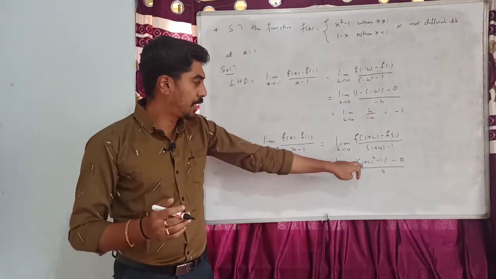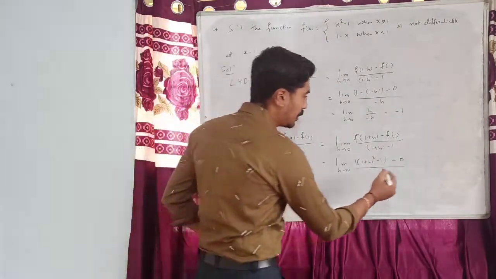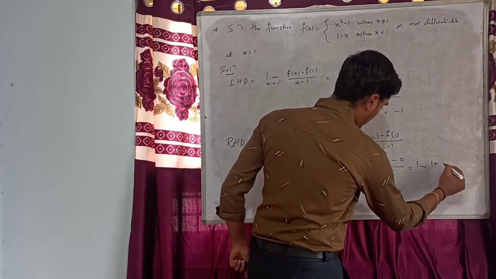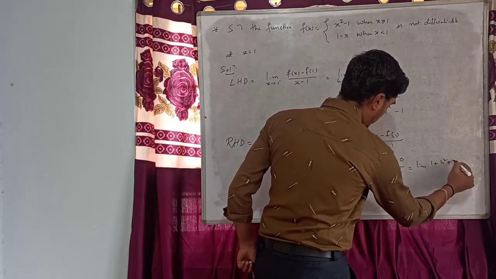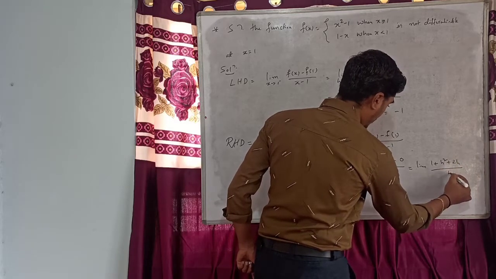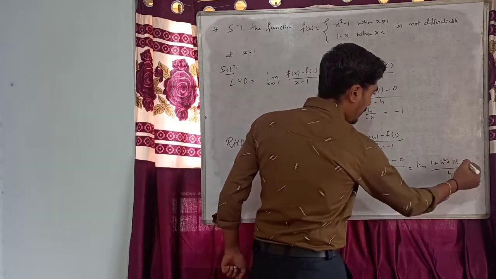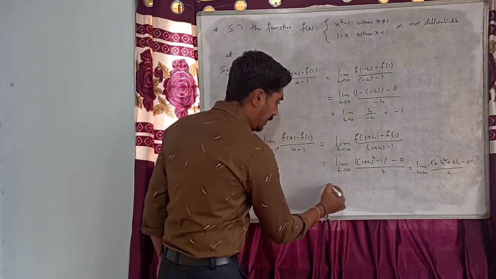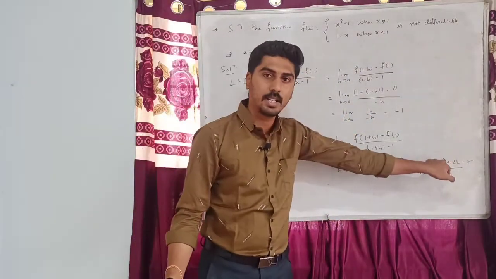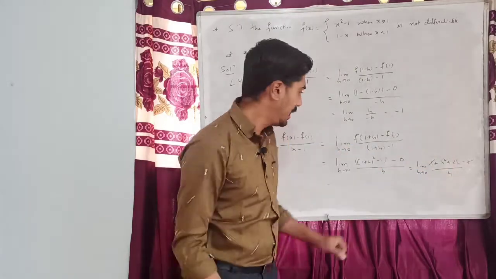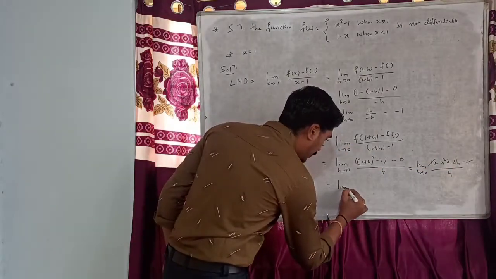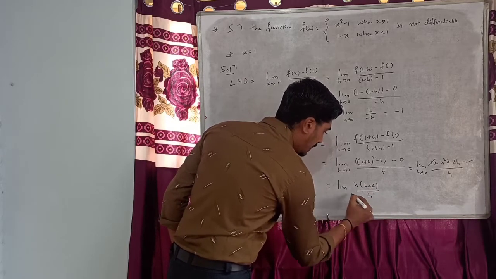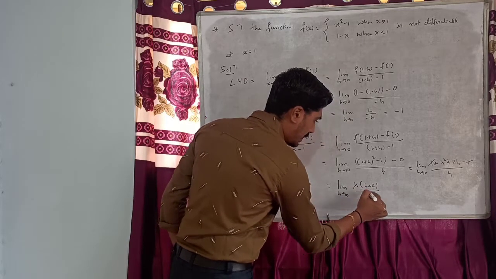Now let us expand this. This will be equal to limit of 1 plus h square plus 2h minus 1 whole divided by h as h tends to 0. When I take h common here, h and h get cancelled. So limit of h into h plus 2 whole divided by h as h tends to 0, h and h get cancelled.